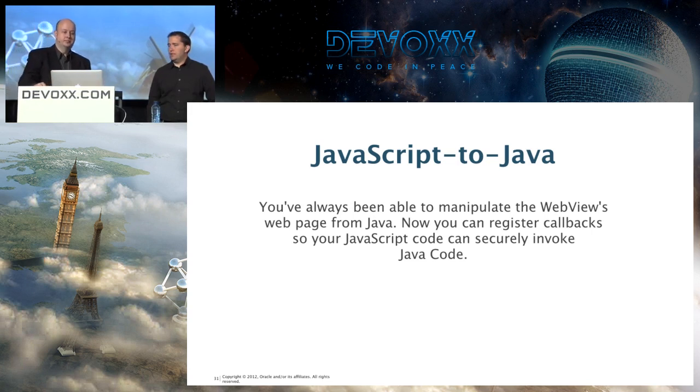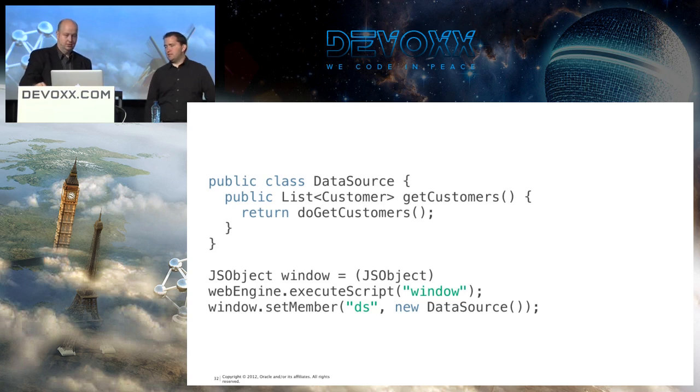And as an API designer, the nice thing about this one, next slide please, is that we didn't actually have to add any new API to do this. We just had to add a new capability. From the Java side, you can already get a handle on any of the JavaScript objects that are available inside WebKit. In this case, you can get a handle on the window JavaScript object, or really any of the objects in the page.